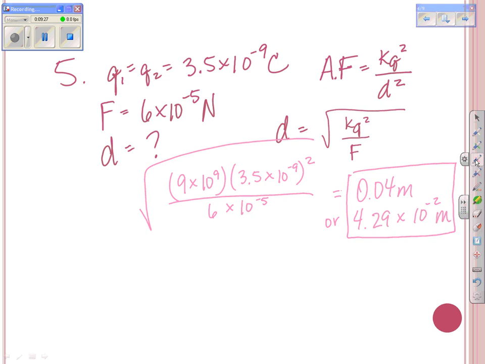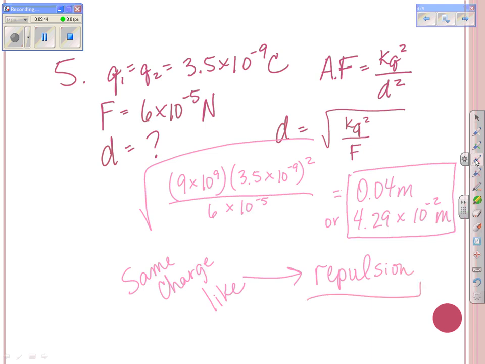Well, since they are the same charge, that's the thing to realize, they are like charges, and the basic law of electrostatics says that like repel. So this is repulsion. Okay. Remember that's your basic law of electrostatics, that like charges repel and unlike charges attract.